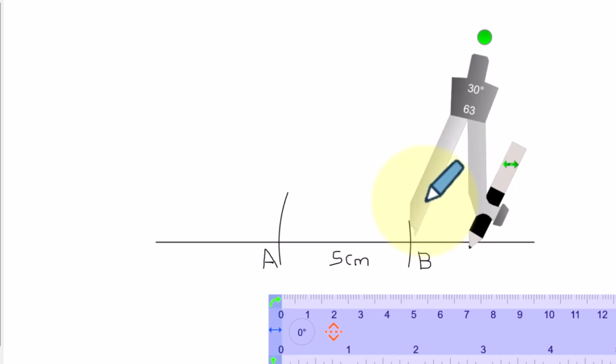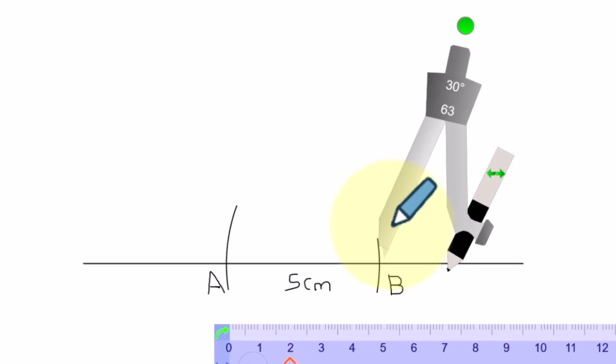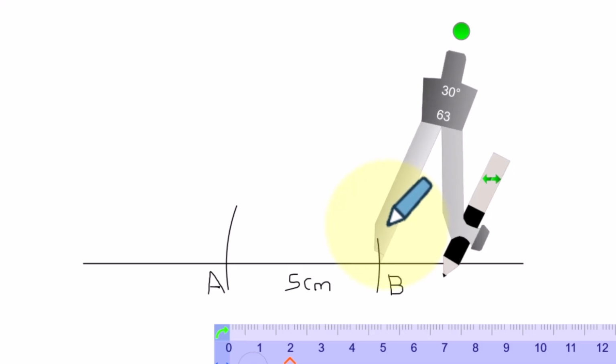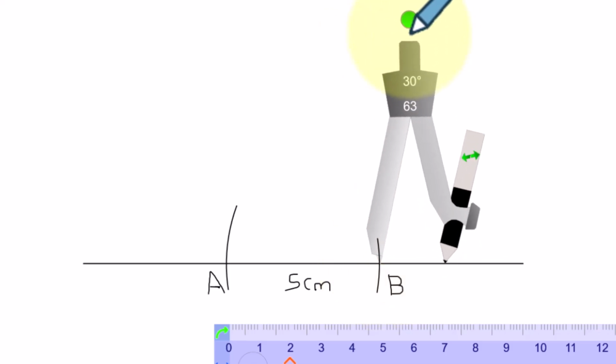Then you watch me, carry your hand, left or right, whatever hand you are using, carry the pin. Don't touch the pencil as I said, drop the pin on B. See, the pin must touch this point B, very important. Now you hold this place, you can carry this one to this side or whatever place.